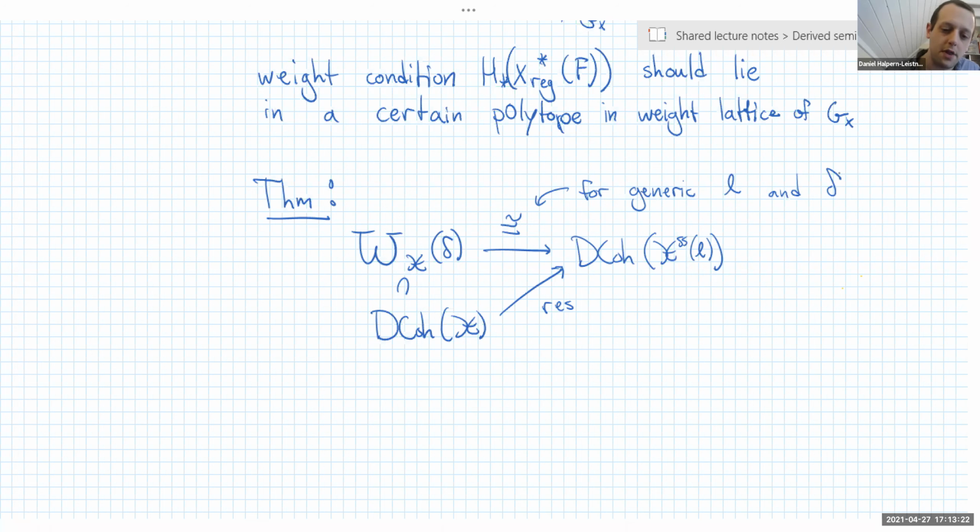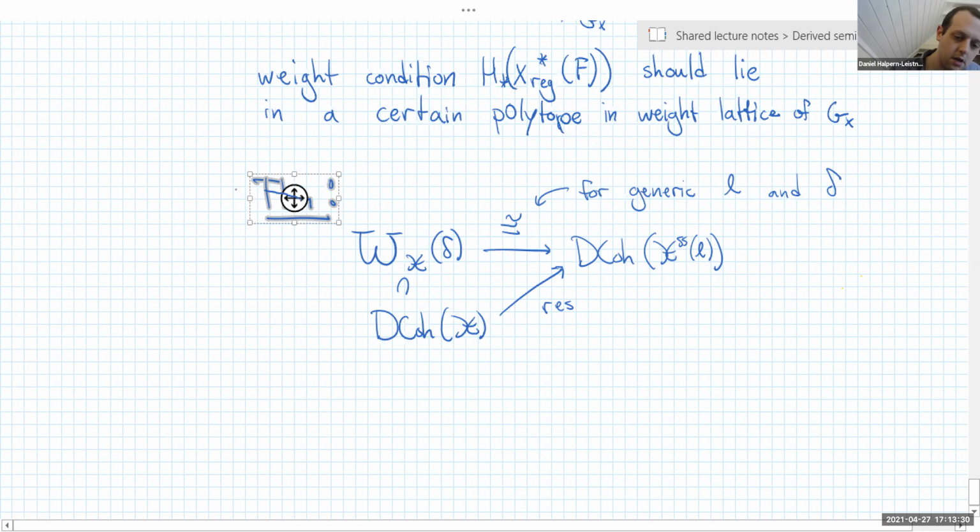So the theorem is that, for a stack that has a good moduli space, a derived stack with a self-dual cotangent complex.